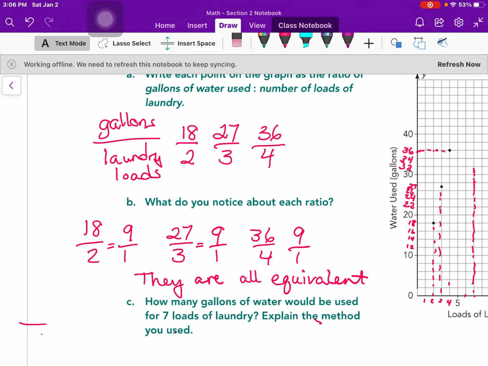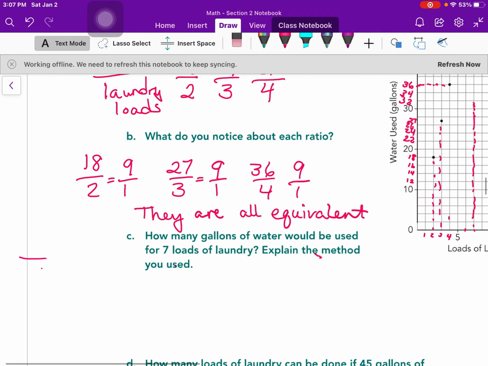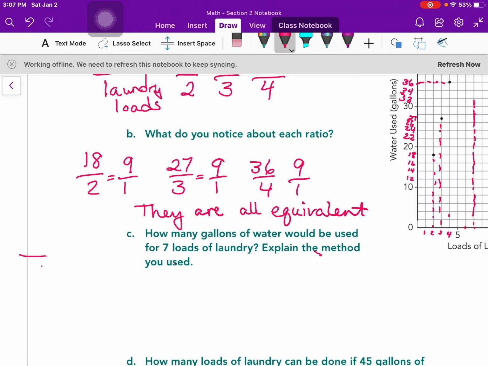I think better for me, now that I know that this simplifies down to 9 to 1, and if I want to know how many for 7 loads, I could scale up. So I could do 9 times 7 is 63. So I think my answer is 63 gallons for 7 loads of laundry.